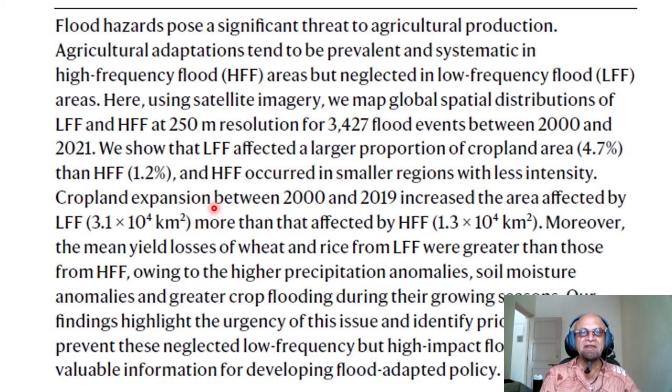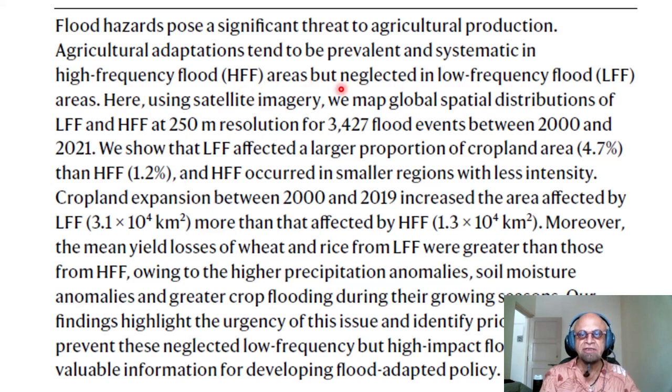Sorry, this is a very long paper with a lot of figures, including the total number of figures is over 30, close to 40, including supplementary figures, which is very unusual for a paper. But nonetheless, flood hazards pose a significant threat to agricultural production.